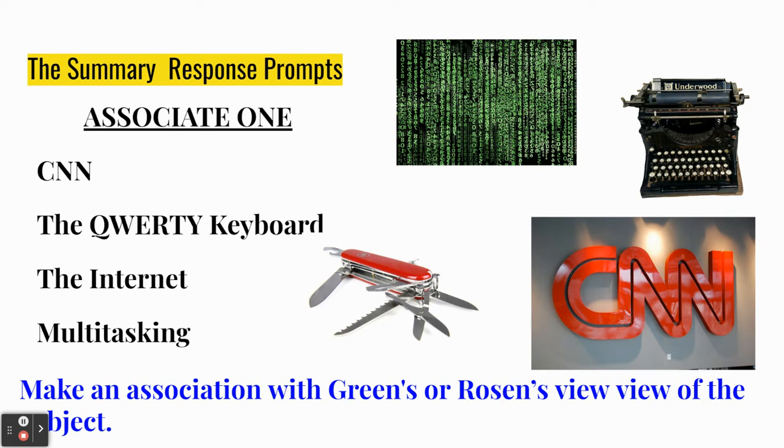You can see a photo of a similar one on the slide here. The internet. Can I associate the internet with anything personal in my life? Multitasking. For me, I associate it with doing many things poorly.